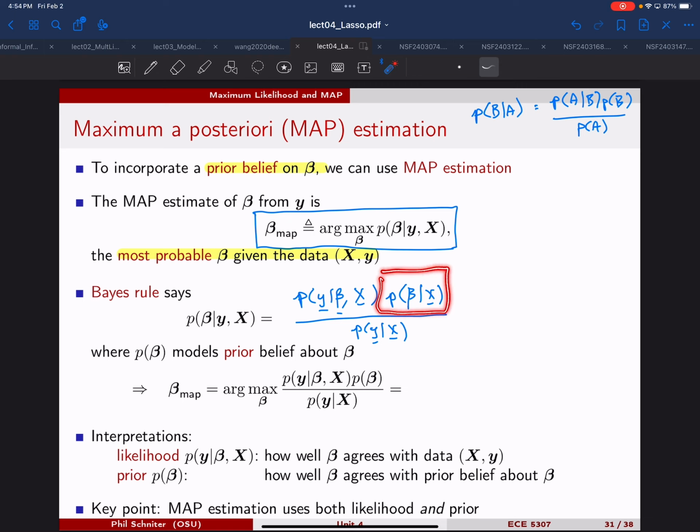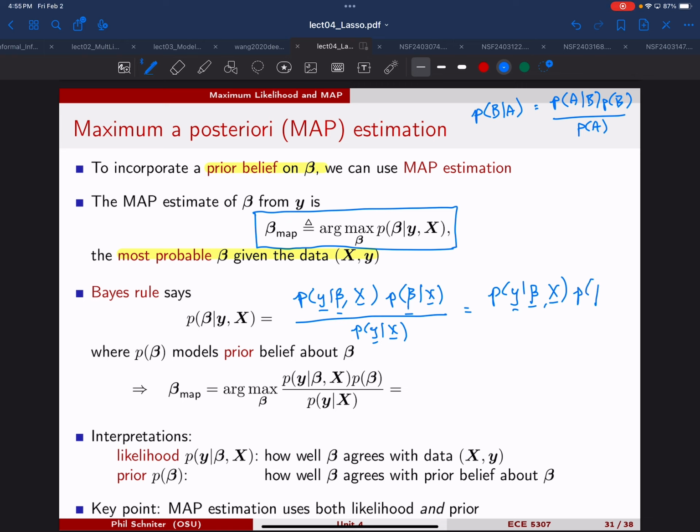First of all, we're saying, what is our prior belief about beta given the training features? Well, if we have a prior belief about beta, it doesn't really involve the training features. By prior, it means some belief you have before you collect any data whatsoever. So we can rewrite this without that conditioning on x on the right.